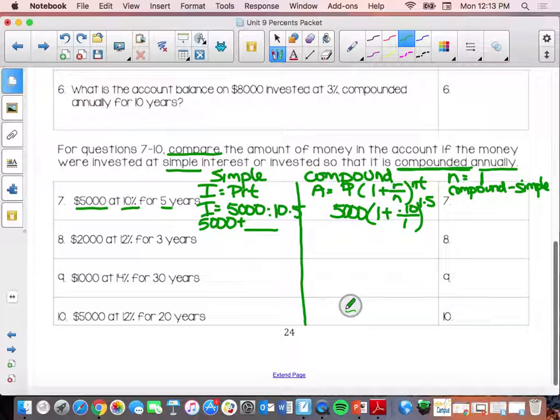But remember, you have to add that on to the 5,000. So it should be $7,500. When you multiply this whole thing out, you'll notice it's over 8,000. 8,052.55. And so to compare, you need to subtract, and you could write that maybe over here. 8,052.55 minus 7,500, which is quite a bit more.